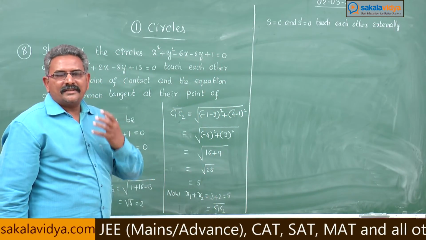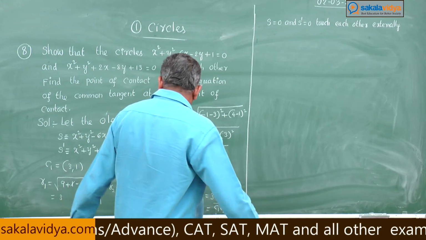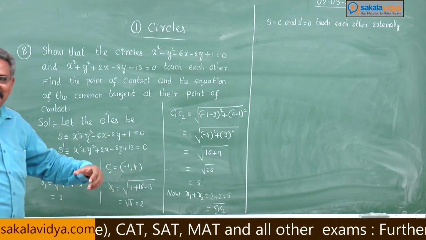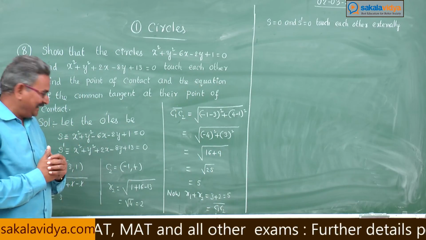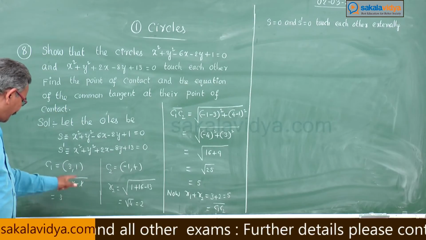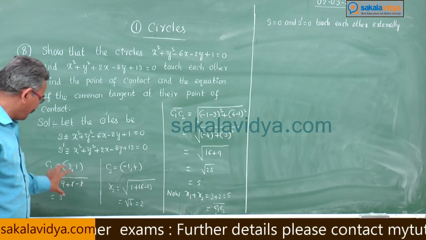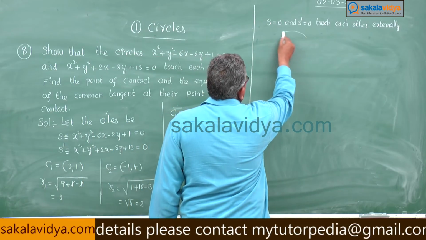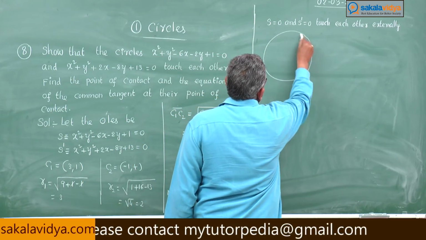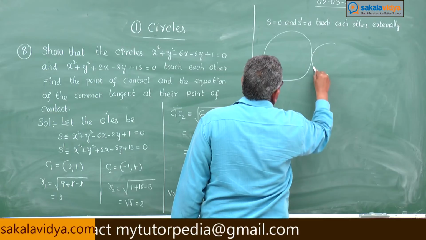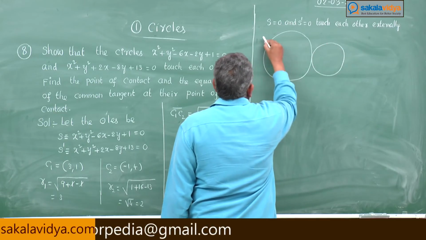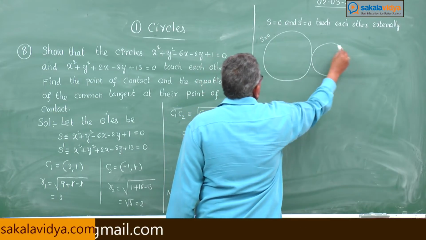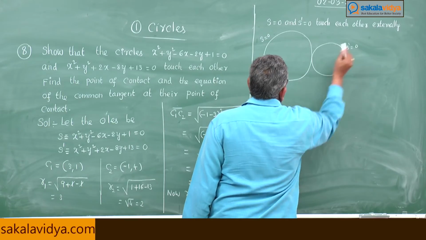Now, we can draw the figure. We have to determine which is the bigger circle and which is the smaller circle. Radius is 3, it is obvious, the first one is bigger, the second one is smaller. So, you get a circle like this, this is the second circle, S is equal to 0, this is S dash is equal to 0.